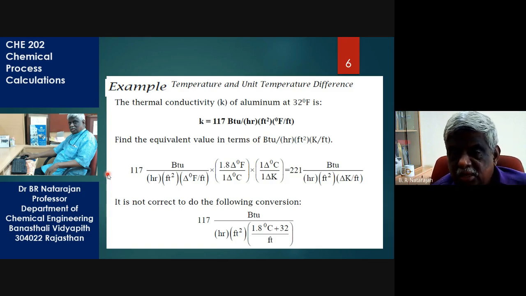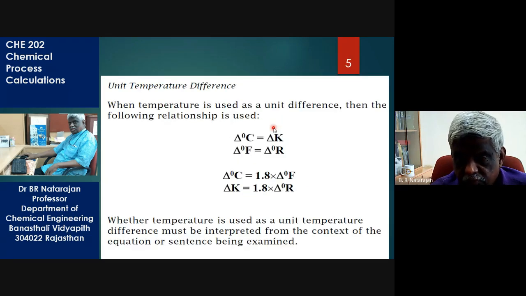But what is here is delta F. Delta F is the same as delta R. And change in centigrade is 1.8 times change in Fahrenheit. Change in Kelvin is also 1.8 times change in R. So first let's do the change to centigrade and then Kelvin.